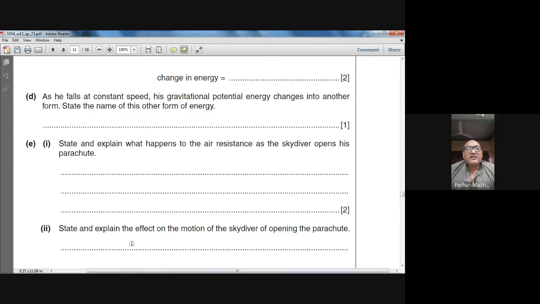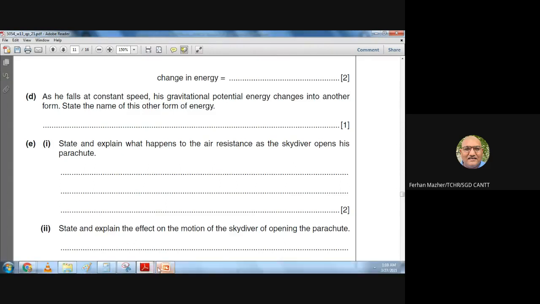This is one fact you should always remember. Because he was falling down, initially he has gravitational potential energy, and that is converted into thermal or heat energy.